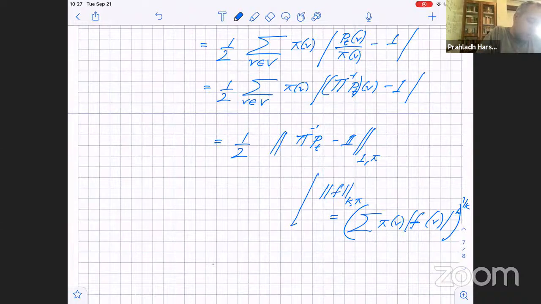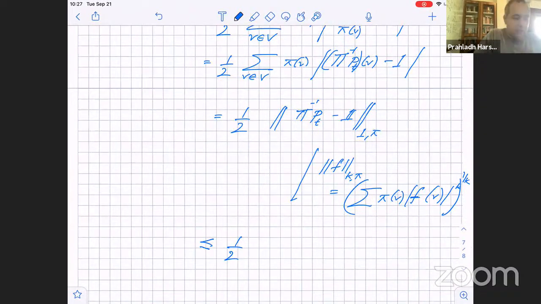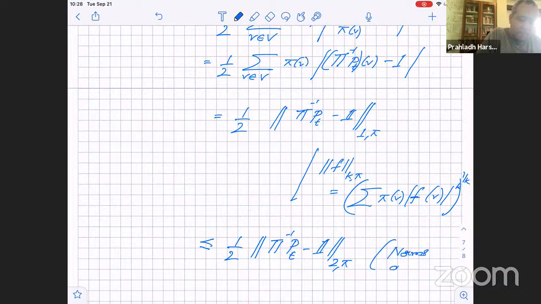The norms only increase as k increases, so this is smaller than the two norm. This is an easy consequence of the definition of a norm.